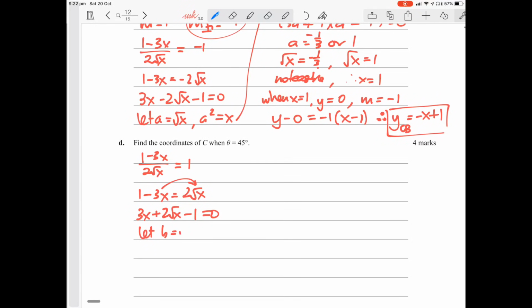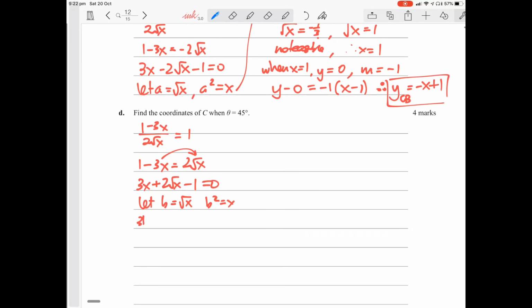This time let b equal root x. b squared is equal to x. So I get 3b squared plus 2b minus 1 equals 0. I've got to have a 1 and a 1, and I want to end up with a plus 2b.